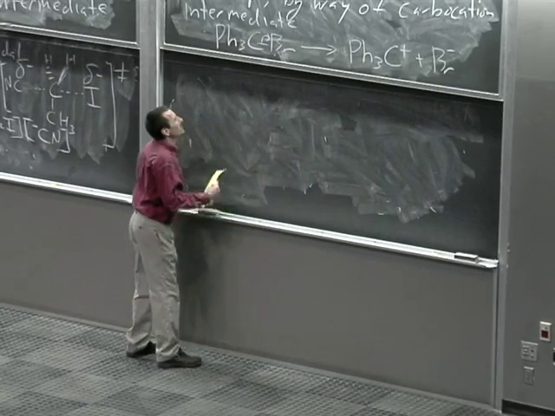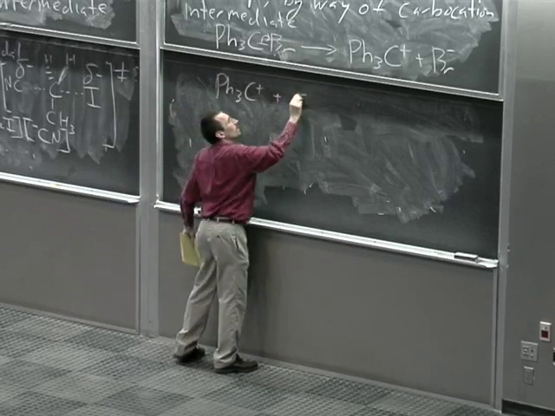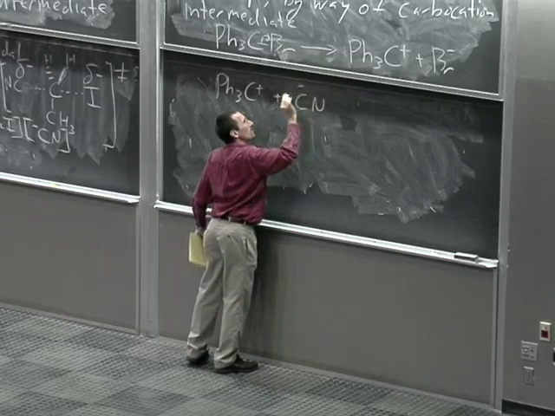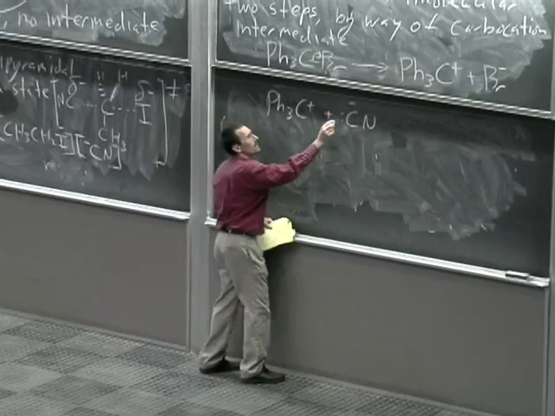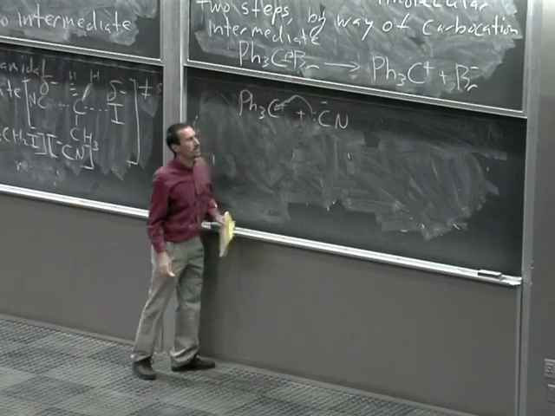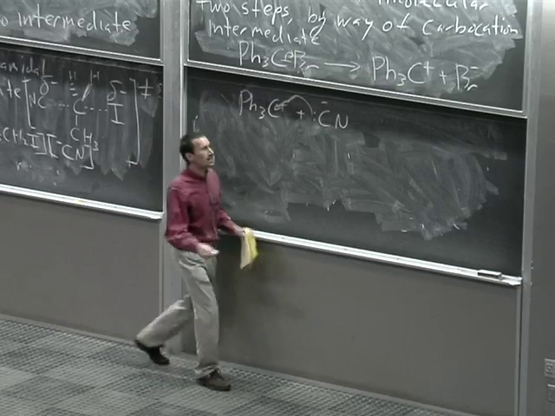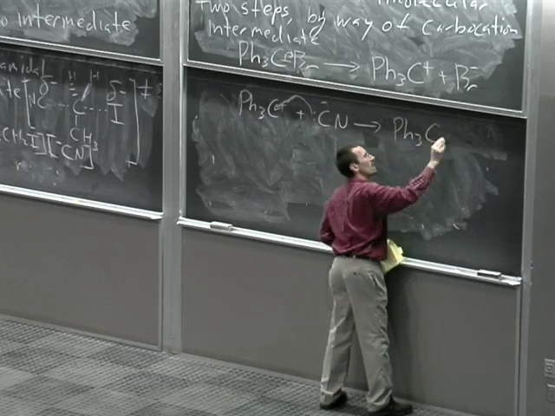So cyanide comes in. And again, I'll give you an abbreviated mechanism just showing our cyanide coming in, and I'll draw the bond to the carbon. The cyanide coming in and reacting to form our new bond.